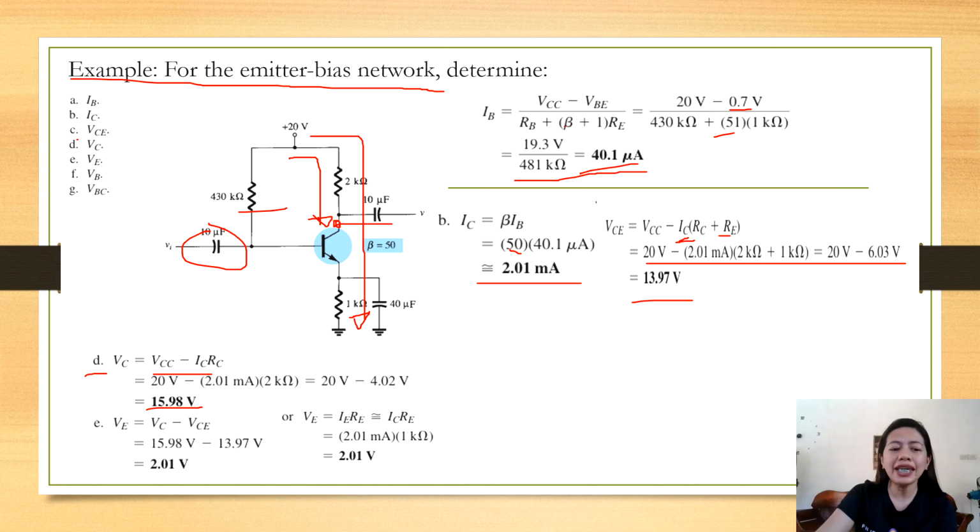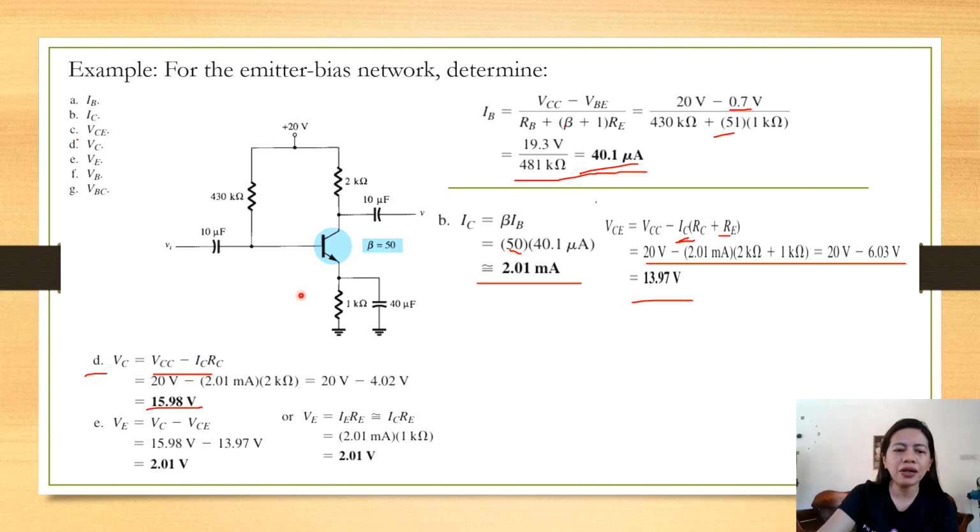And for VE, which is simply the voltage across our resistor RE, we can just solve it as VE is equal to VC minus VCE. Taken from the formula, VCE is equal to VC minus VE. So we will get 2.01 volts.